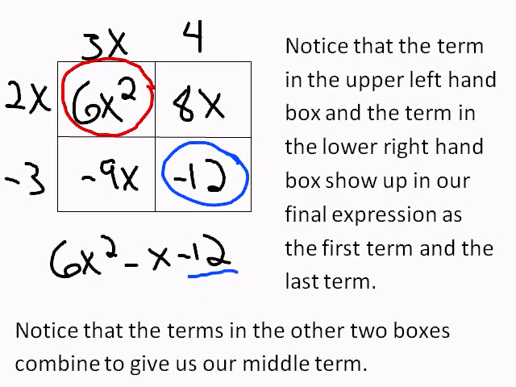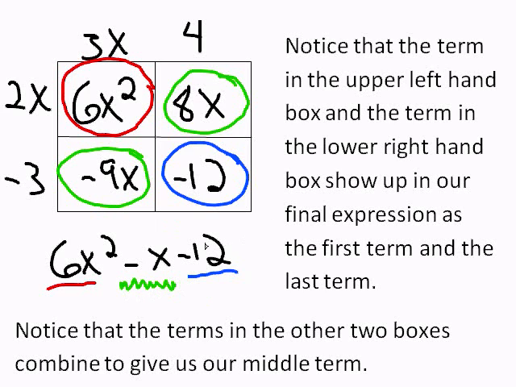Also notice that the terms in the other two boxes, the negative 9x and the 8x, combine together to give us the middle term in our final expression. Now this is going to be important in a moment when we get ready to actually try to factor.